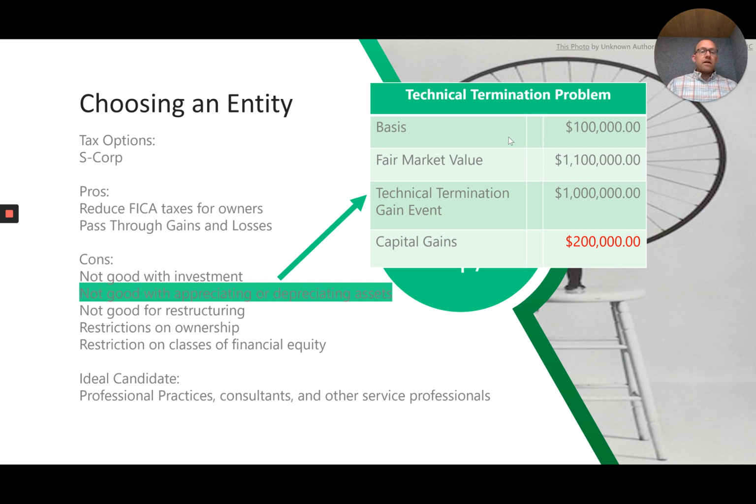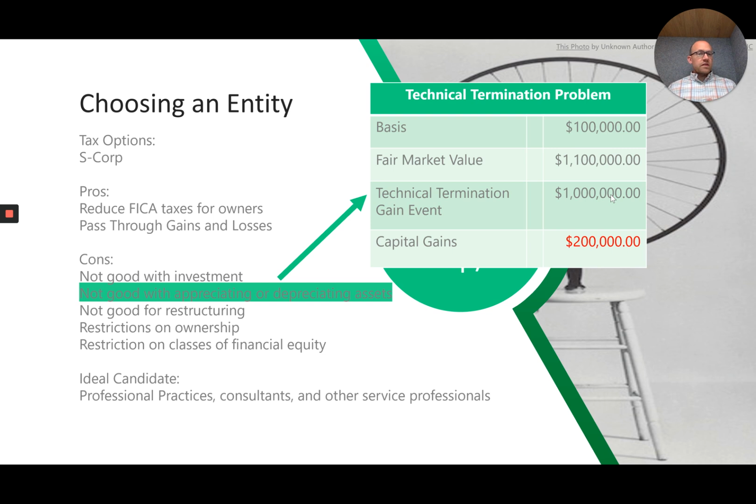Because partnerships can't own interests in S Corps, that causes a technical termination. And you don't realize it, you go about your business, you don't file with the IRS to correct it or do anything like that. And then the IRS comes around and says, hey, wait, you're not eligible. There's a technical termination. So you have a taxable event on that real estate that has $1 million in capital gains in it. You're like, whoa, hold on.